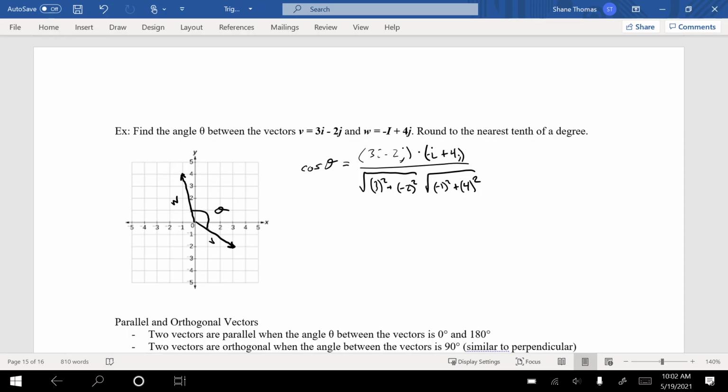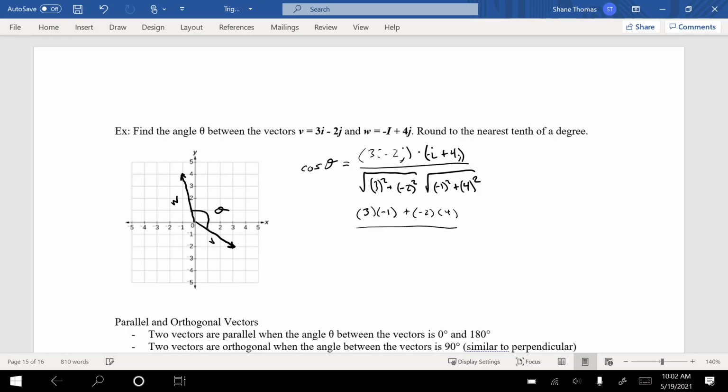The two magnitudes are on the bottom. All right, so on top, when we do dot product, the i's and j's go away, right? So on top, I'm going to have 3 and negative 1, which are my i's, plus my j's, which are negative 2 and 4. All right with that?